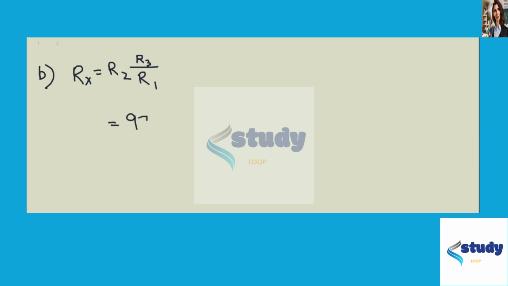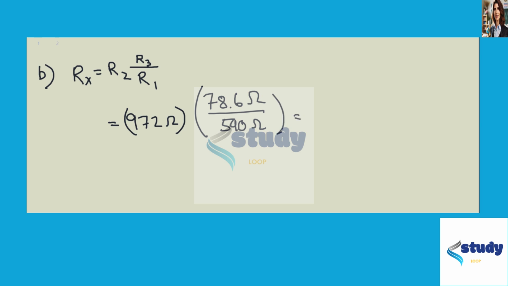It's going to be 972 ohms times 78.6 over 590 ohms, and that gives us 129 ohms.